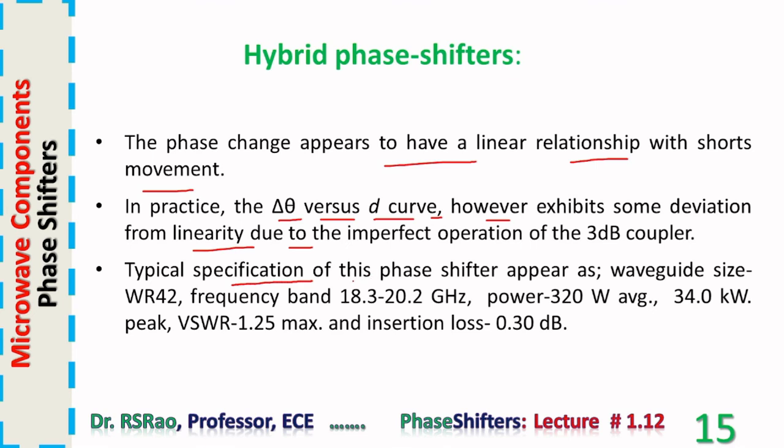Typical specification of this phase shifter appears as waveguide size WR42, frequency band 18.3 to 20.2 GHz, power 320 watts average, 3-4 kilowatts peak, VSWR 1.25 maximum, and insertion loss 0.30 dB.